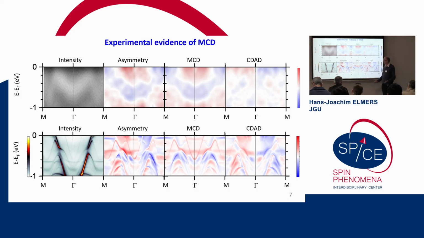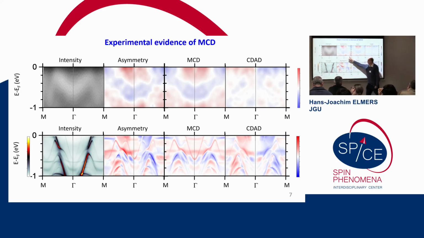The asymmetry has two components. The asymmetry always has this magnetic circular dichroism, which should be even in both directions. So for the gamma M direction to the left and the gamma M direction to the right, you expect the same behavior for the magnetic circular dichroism. On top of that, you have also the circular dichroism in the angular distribution of photoemission, which is expected to be anti-symmetric to the left and to the right.